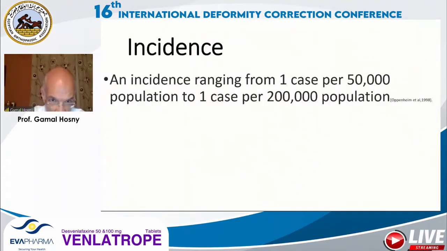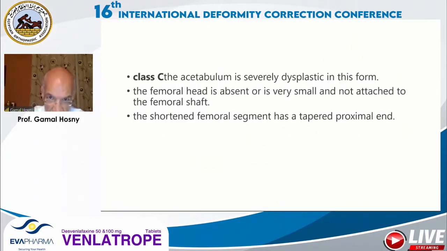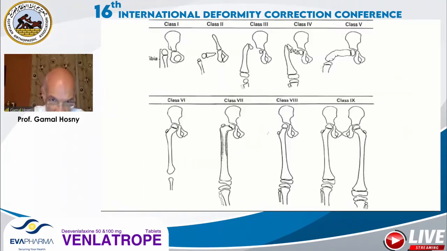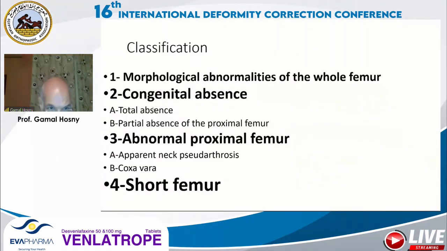I've been through all the classifications, and I think none of them is really valid for congenital short femur. So I developed this classification, 4 types for congenital short femur or proximal femoral deficiency. Type 1, morphological abnormalities of the whole femur.